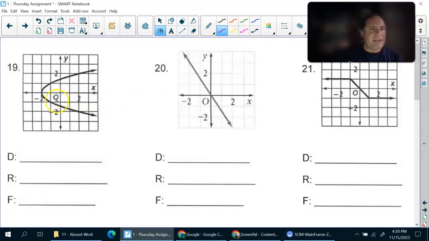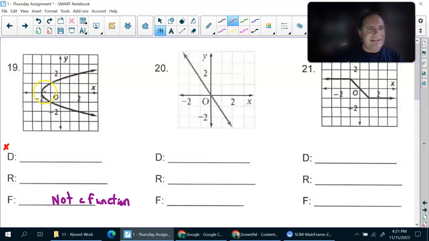All right, number 19. This is not a function. The reason why it's not a function is because if you did a vertical line test, it would cross twice. Every x does not have its own y. So we're going to take the domain, the value of the x's.